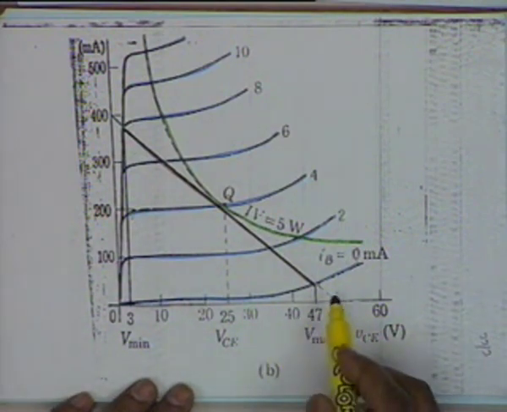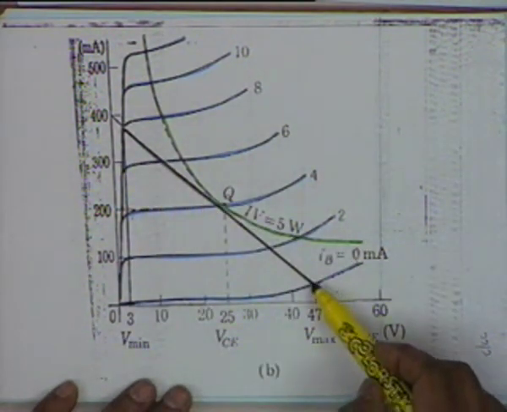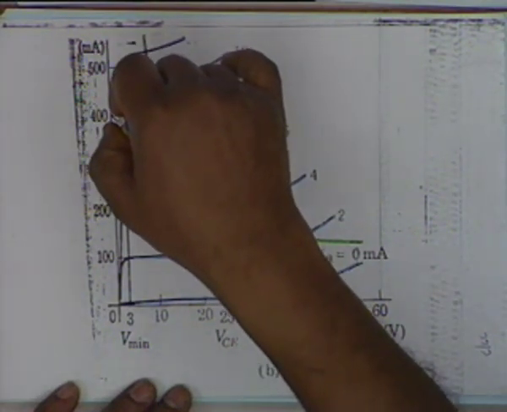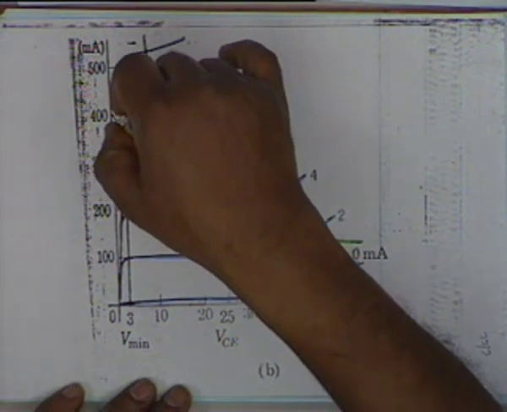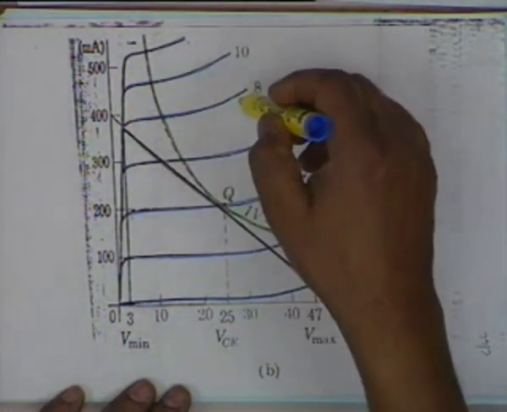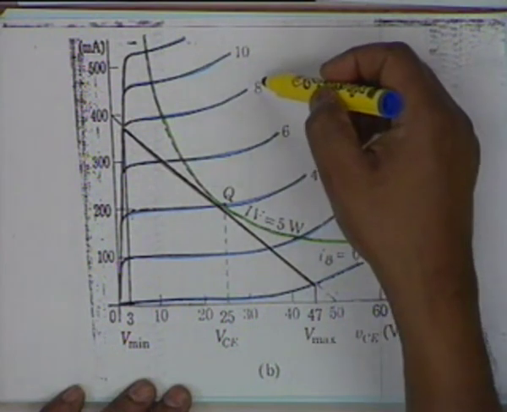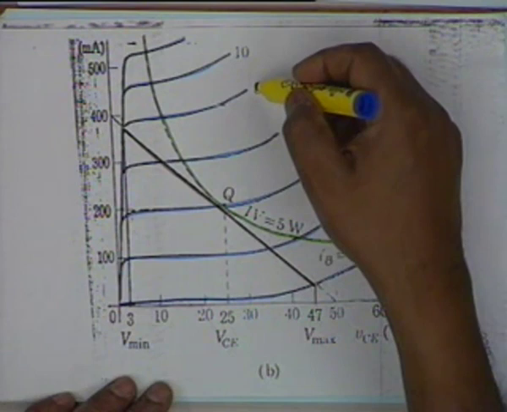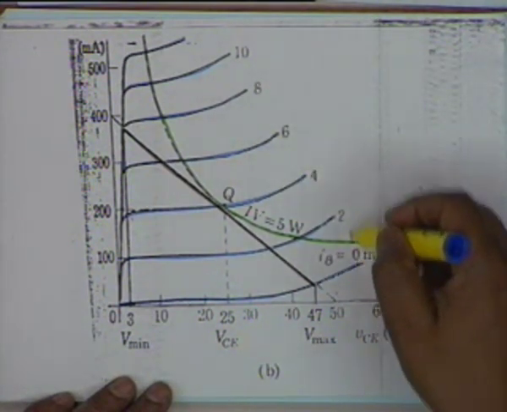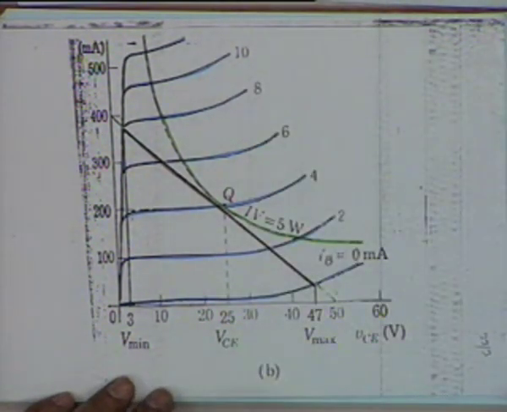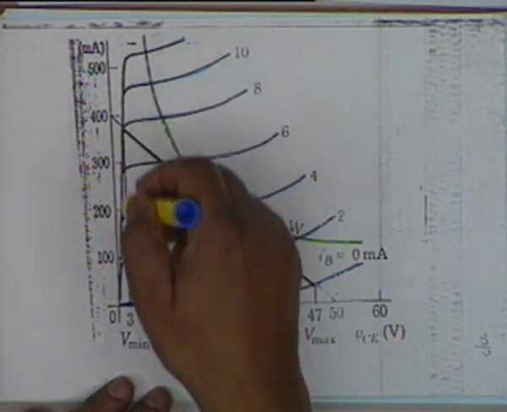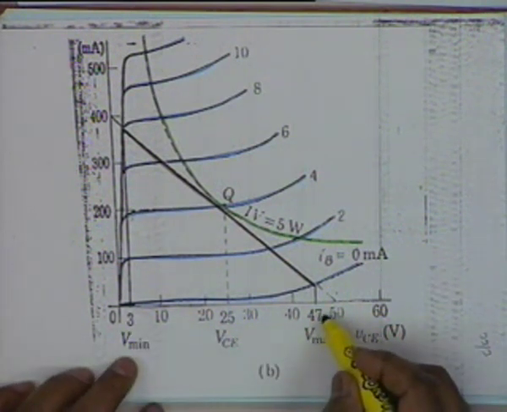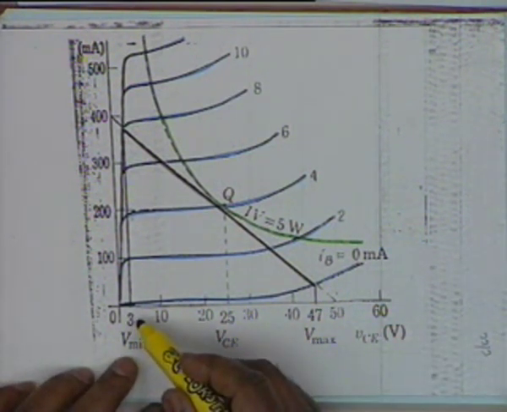All right. In a similar manner, you notice that the curve cannot go right up to this point, because the saturation part of the characteristic is to be exceeded. Therefore, you notice where does it cut? It cuts at IB equal to 8 milliamperes. So this is the maximum I sub B that can be allowed. Small I sub B can range from 0 to 8 milliampere, and because of saturation the voltage cannot go below 3 volts, and therefore V max is 47 and V min is 3 volt.